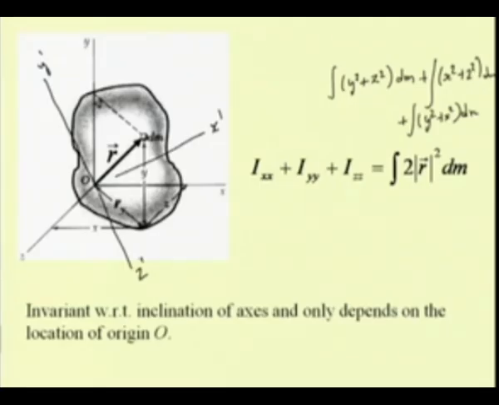Even if you compute the corresponding second moments and sum them up, it will be equal to this quantity as far as this origin point O is considered. Only if we displace this point, the summation of the second moments will change. So, we see that it is invariant with respect to the inclination of the axes and only depends on the location of this origin O.